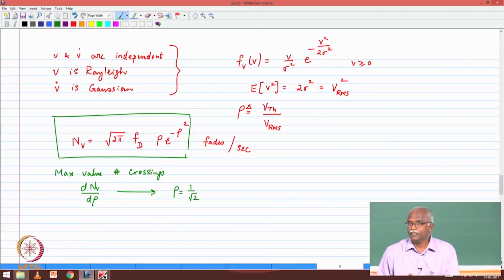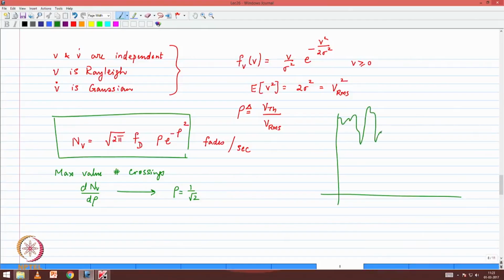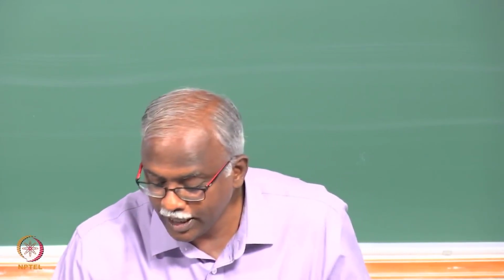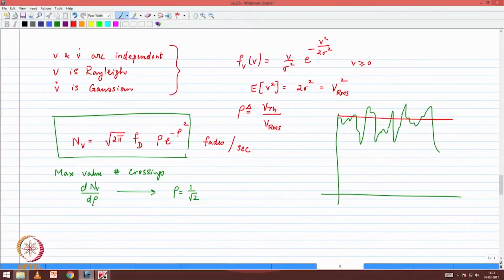Now, is that a reasonable answer? We need to validate. So, here is the fading channel. If you remember our understanding and description of the RMS value, your likelihood of being below the RMS value is quite high, 60 plus %. So, this is approximately where your RMS value is. Now, if you have the threshold value very small, then you will have very few level crossings.